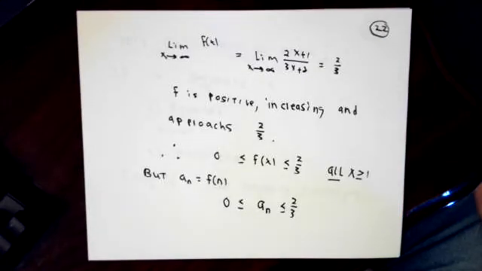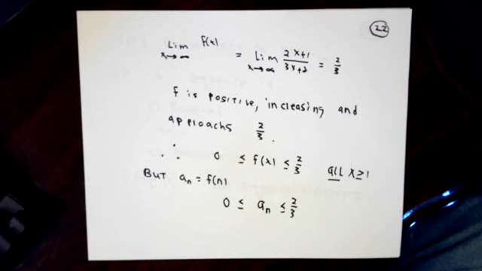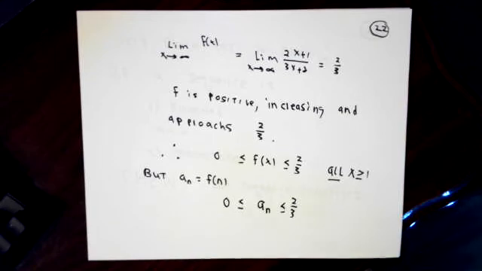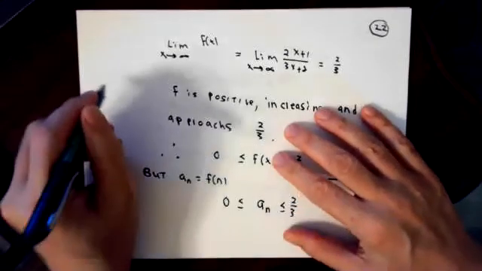On the other hand, if you use L'Hopital's rule or the algebra manipulation, you'll find out that the limit as x tends to infinity of f of x is 2/3. So as x becomes very large, the y-coordinate on the graph, the f of x, gets very close to 2/3. But on the other hand, I know that the function f is increasing because of the derivative business.